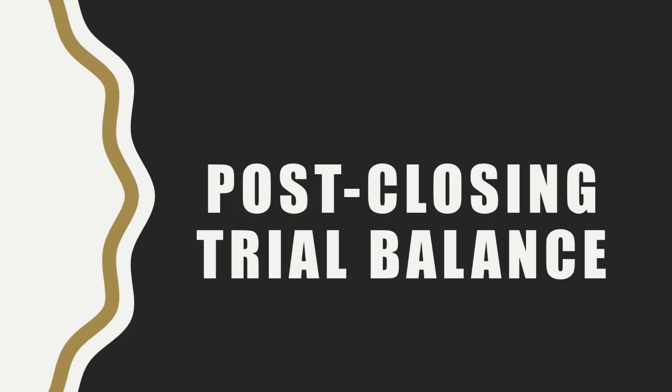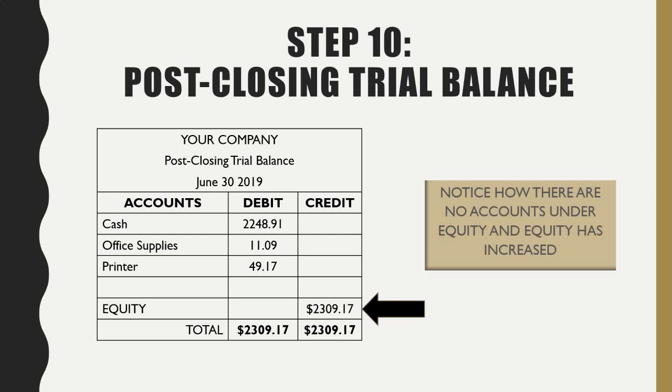Then, last but not least, step 10 is completing the post-closing trial balance. Once you've journalized that you're zeroing out all the accounts, you're going to post them into your ledger. And at the end of the day, your equity should match your statement of owner's equity.